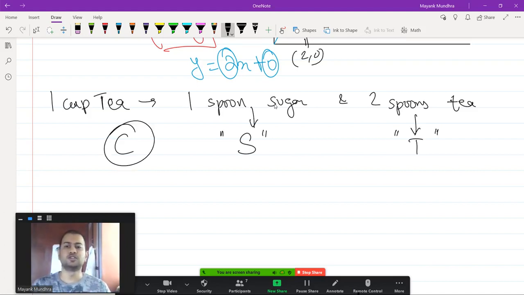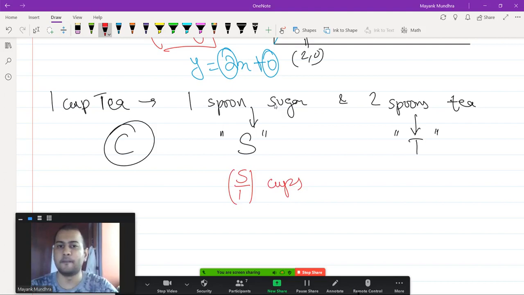If you talk about just sugar, s units of sugar are good for capital S by 1 units of cups. So it's simple unitary method. 1 spoon is required for 1 cup, so S spoons can fill S cups of tea.